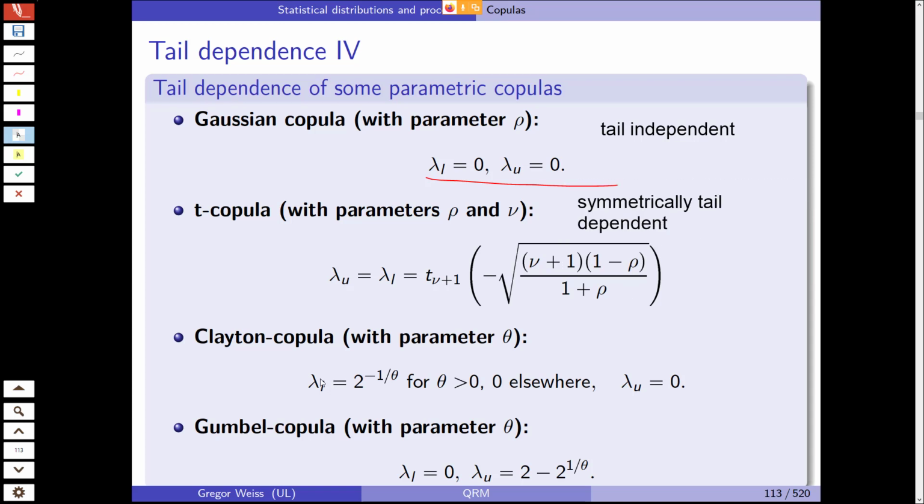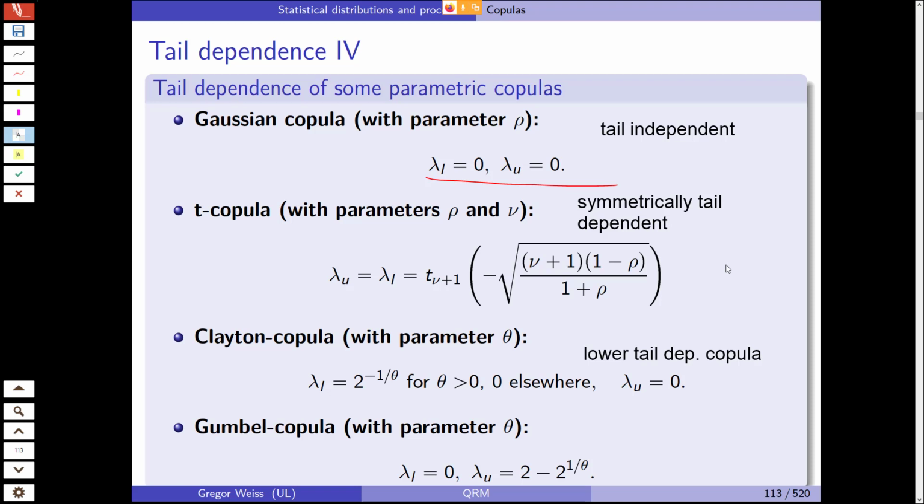And the Clayton copula has a lower tail dependence and the upper tail dependence 0, so we call this a lower tail dependent copula. Because it is lower tail dependent, it can model the joint probability of a joint crash, and this probability is higher than the probability of a joint boom.